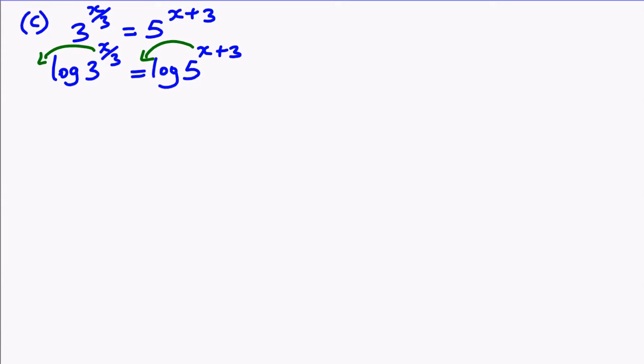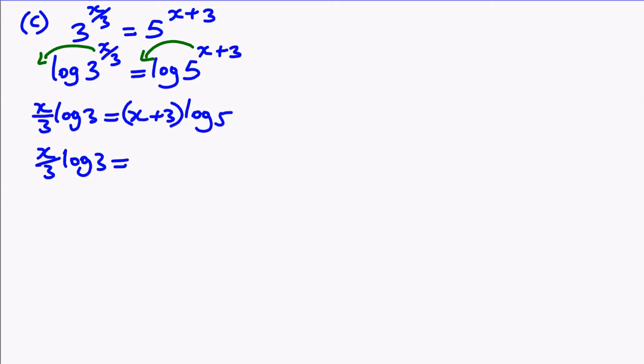These powers can be moved to the left by laws of logarithms. So we'll end up with x over 3 log 3 is equal to x plus 3 log 5. I'll expand the bracket on the right hand side. So that will be x log 5 plus 3 log 5.